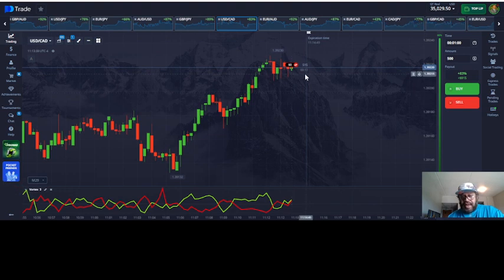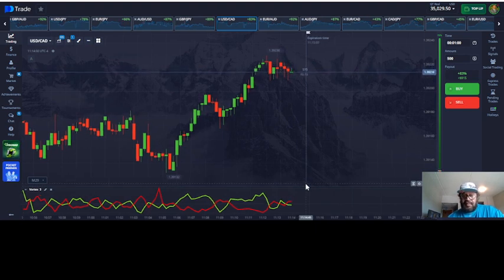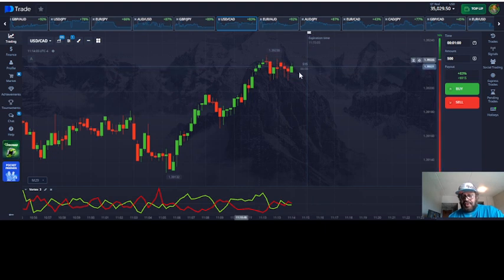All right, no problem. Let's see if we get a sharp cross again here. Well, actually, I'm going to avoid this altogether because it may be starting a period of consolidation here. So we want to avoid periods of consolidation.